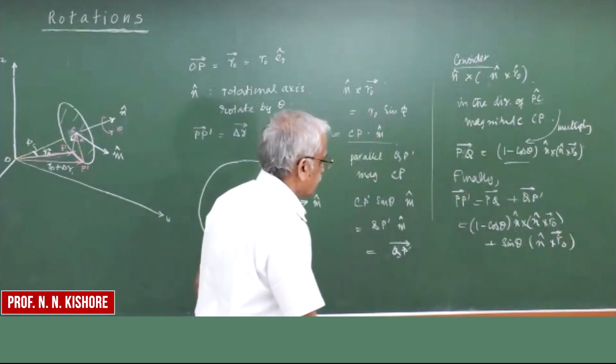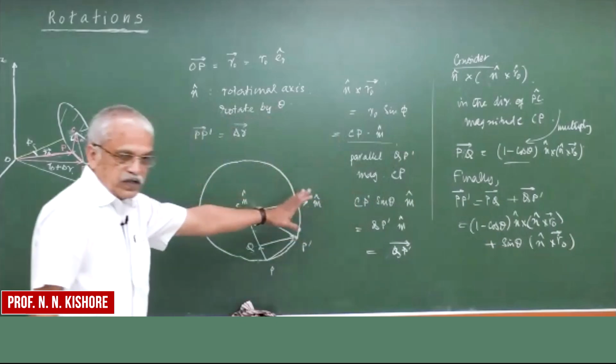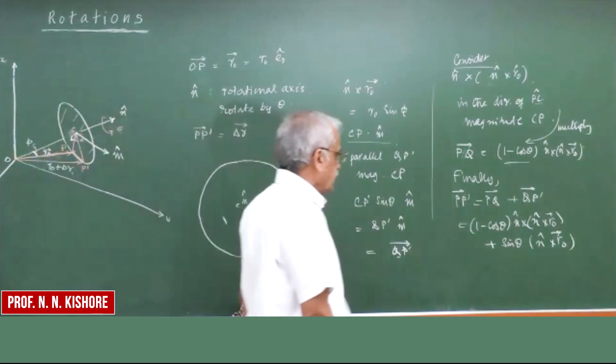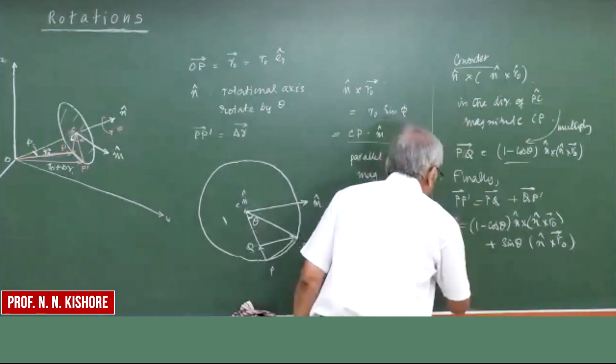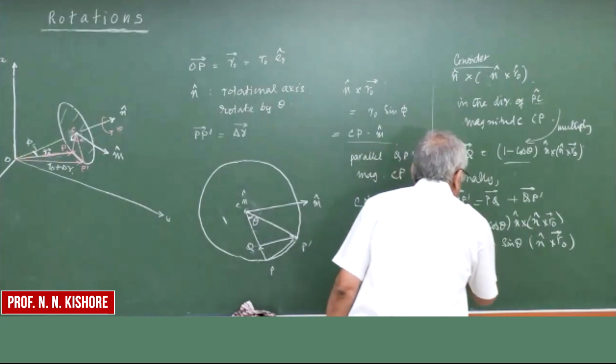Hope you got the picture. So this is the final result. We have done a lot of algebra and manipulation here, and finally PP prime is nothing but delta R.